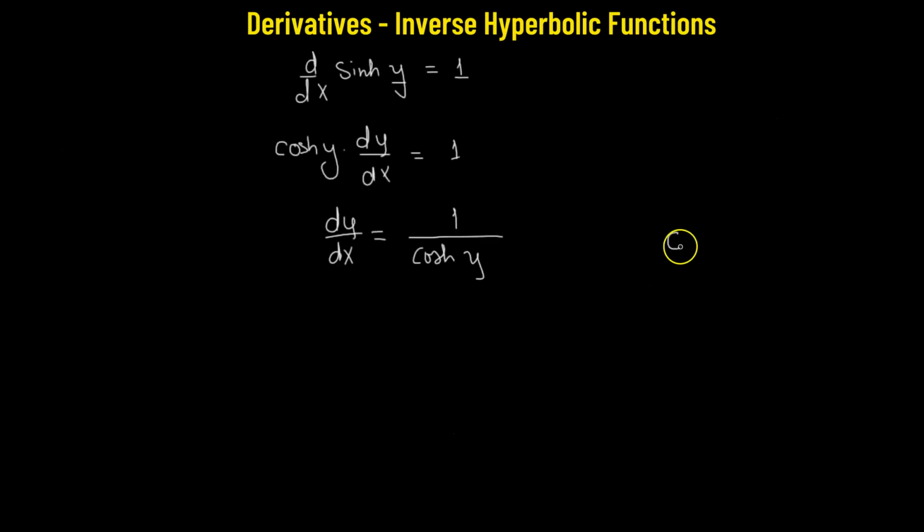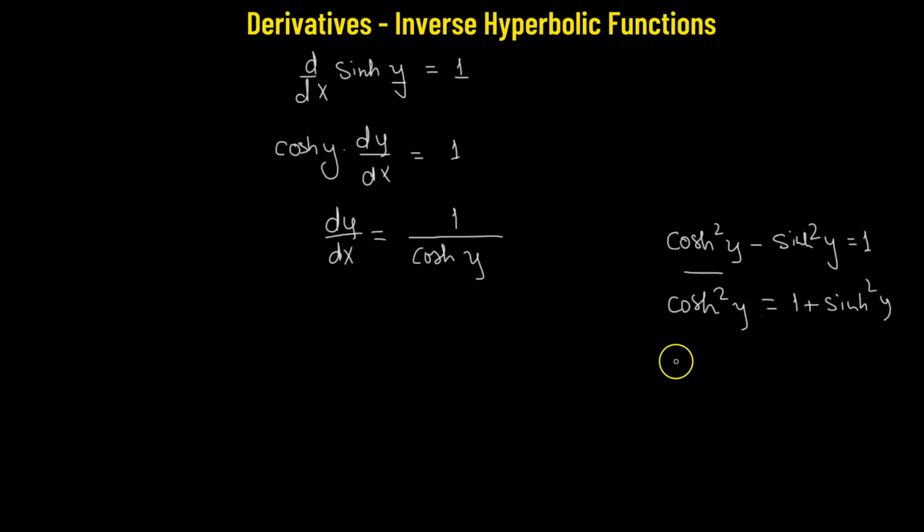Now we can use the identity. We have hyperbolic cosine squared y minus hyperbolic sine squared y equals 1. So from here we can find cosh squared y, which will be 1 plus sinh squared y, or simply the positive square root of sinh squared y plus 1.